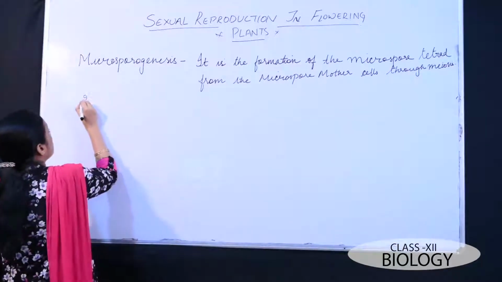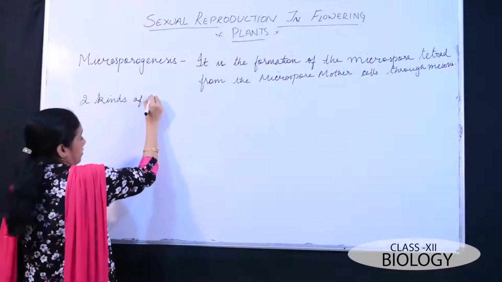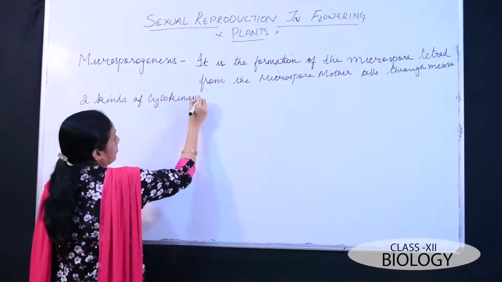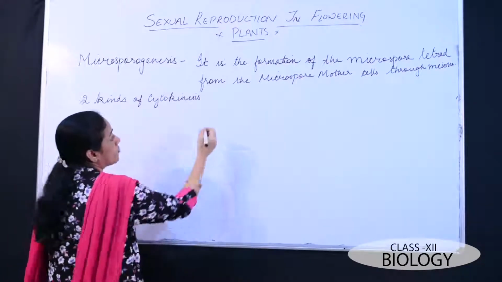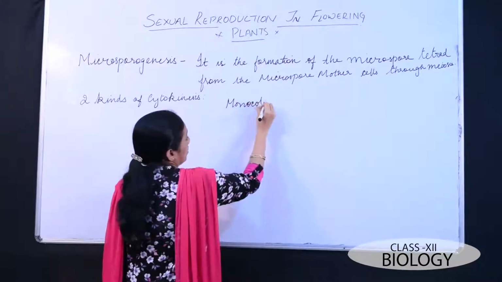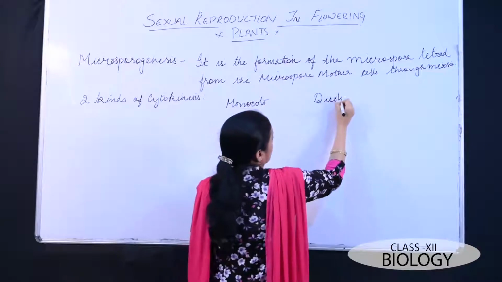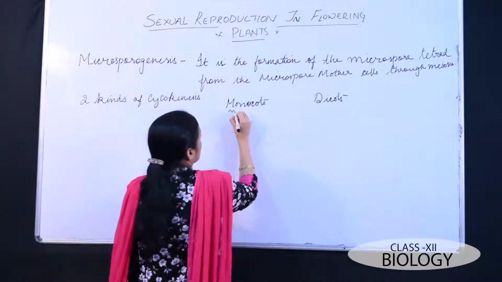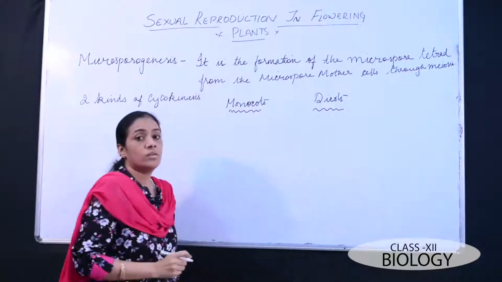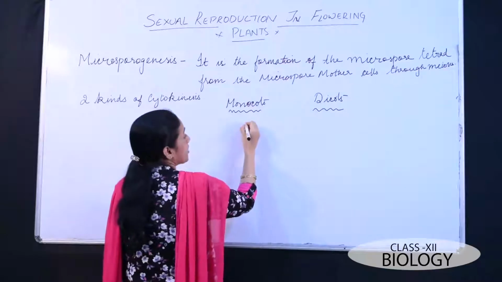So let me write on one hand the monocots and on the other hand the dicots. What is the difference? Let's compare. The microsporogenesis which takes place in the monocots.